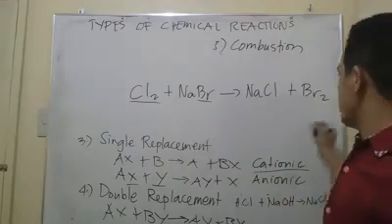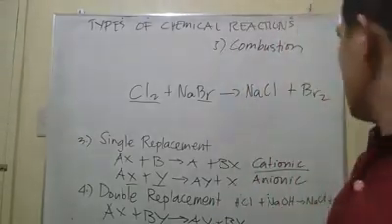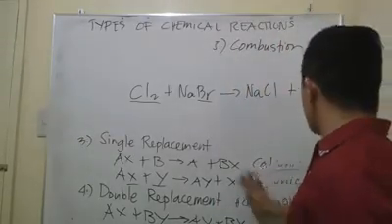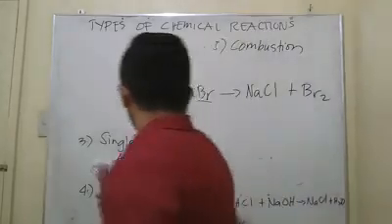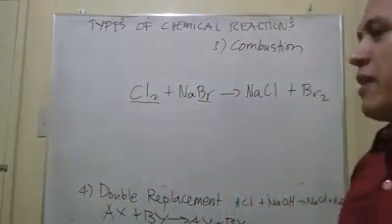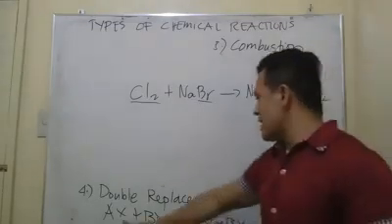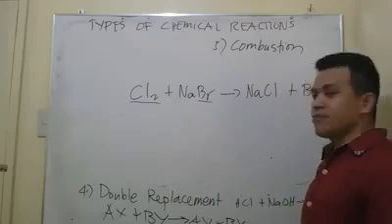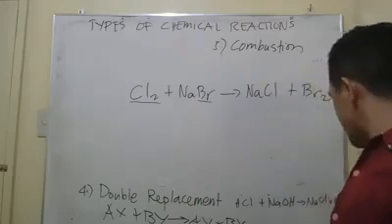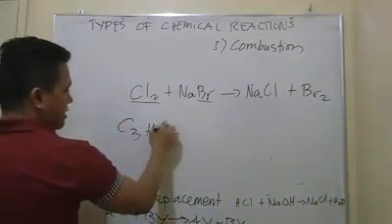Another type of equation is the double replacement. In double replacement, the anions and the cations replace each other. We just refer to this as an exchange of partners, like AX plus BY yields AY plus BX. An example here is C3H8 yields some products.